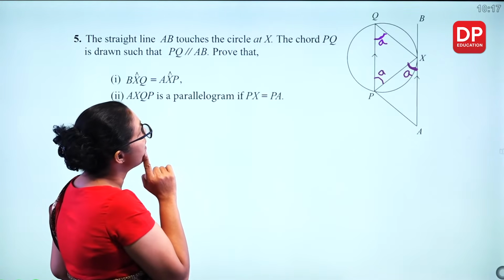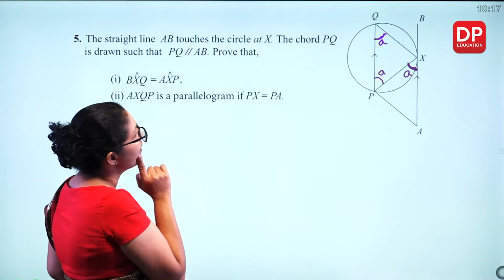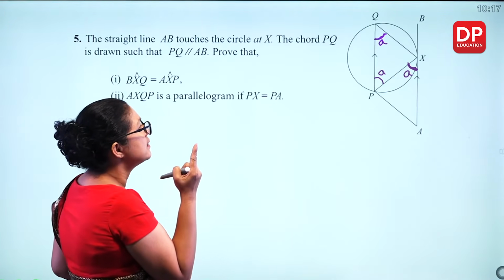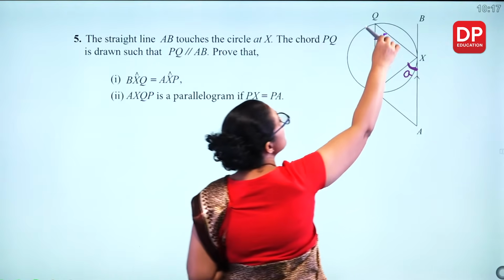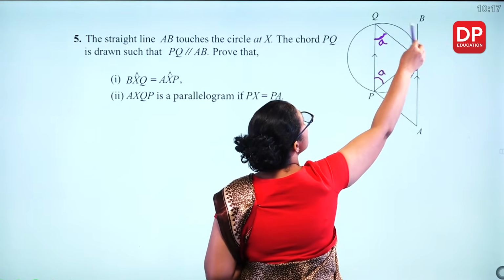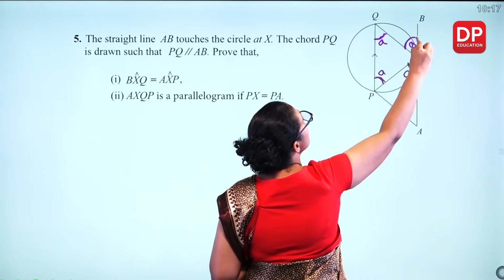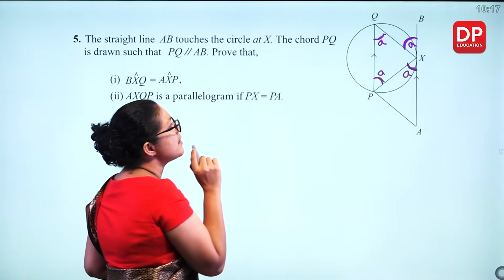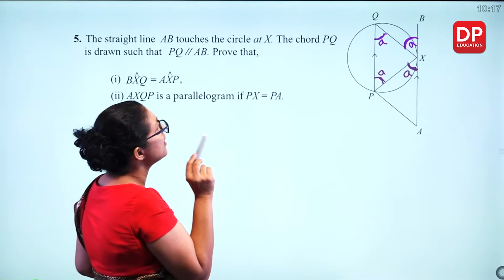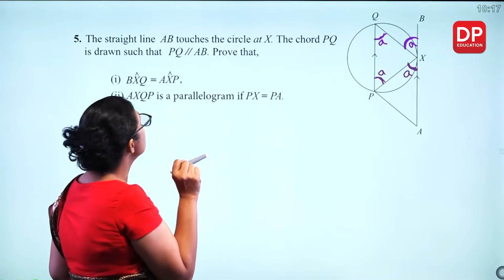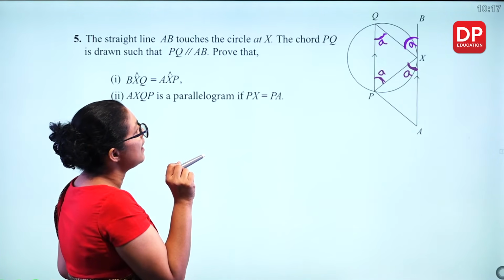So what are they? BXQ is the other angle. If you take this side, this angle is same as this angle, alternate segment theorem. So BXQ angle is same as AXP angle.